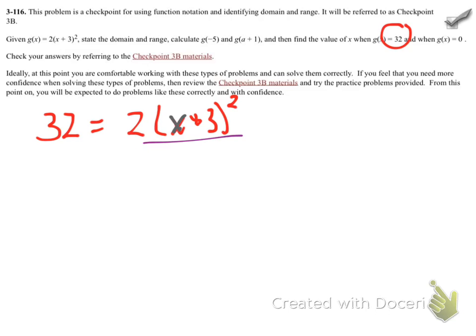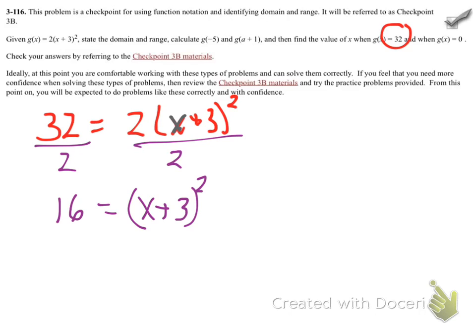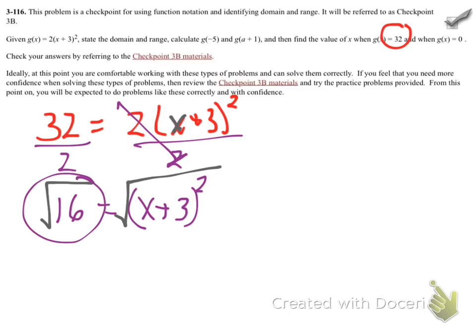So step 1 in solving, divide both sides by 2. 16 equals x plus 3 squared. My next step here is to take the square root of both sides. That gives me the positive and negative possibilities here. So I have plus or minus 4 equals x plus 3.